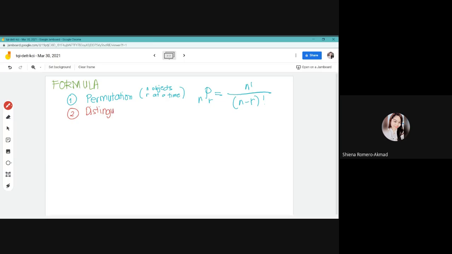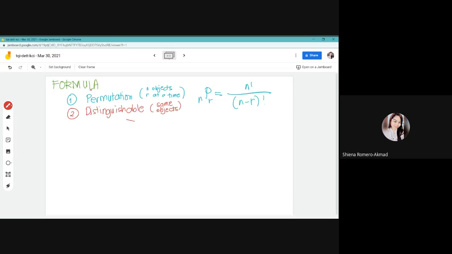Pag sinabi namang distinguishable, may mga item na pare-pareho lang. Same object. Pwedeng nagkaiba lang sila sa kulay. Pare-pareho yung sapatos, pero ito kulay blue, ito ay kulay red, ito mga kulay green.